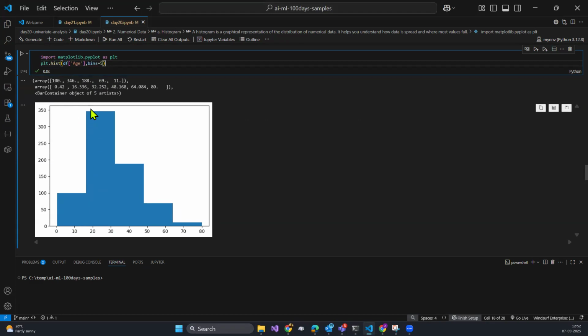With this, we can see that, okay, between 15 or 18 to 30 or 35, we were having the highest number of people, right? And then gradually the second one is 35 to about 45 or 50, right?